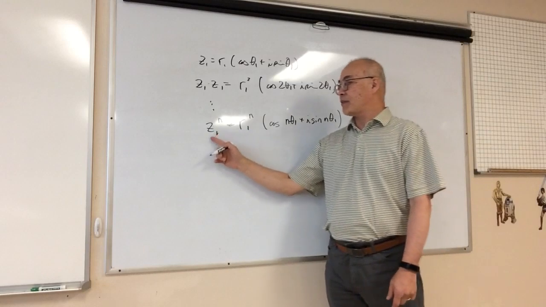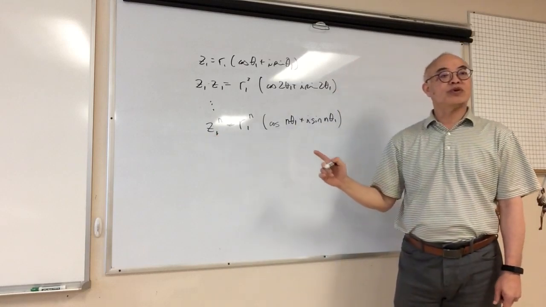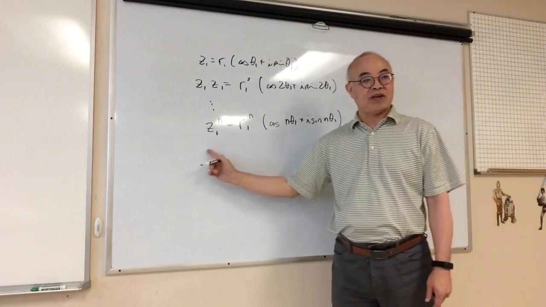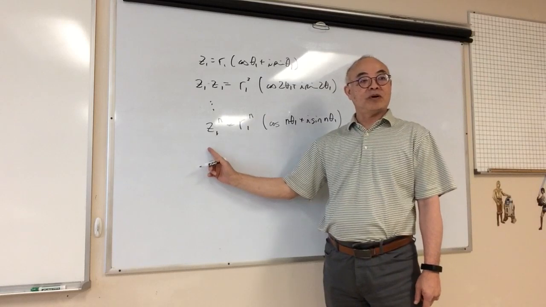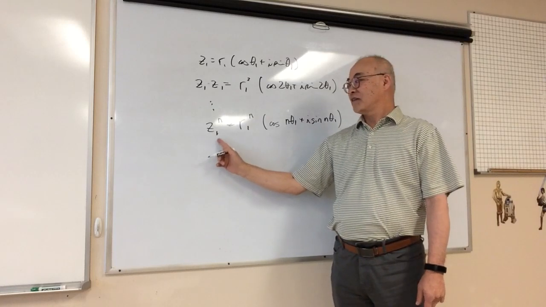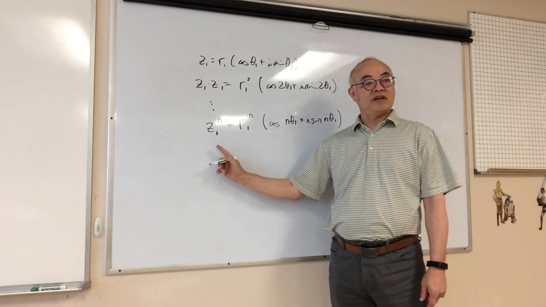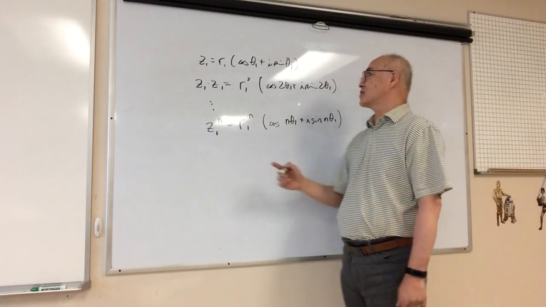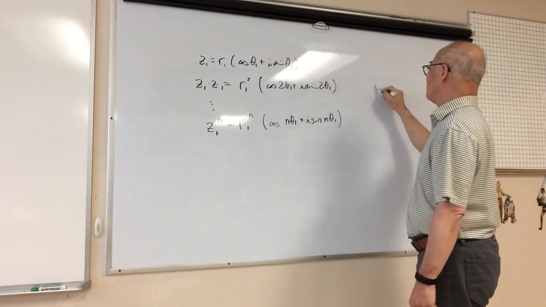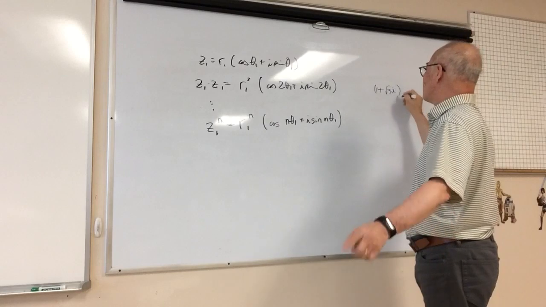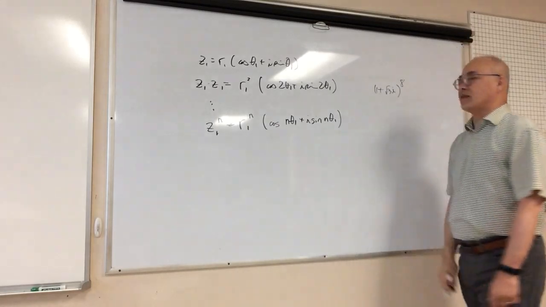So if I do the nth power, this is where you truly benefit from the polar expression, right? Because if it didn't give you this, imagine doing 1 plus root 3 i, I think we're going to do this pretty soon, but to the 8th.